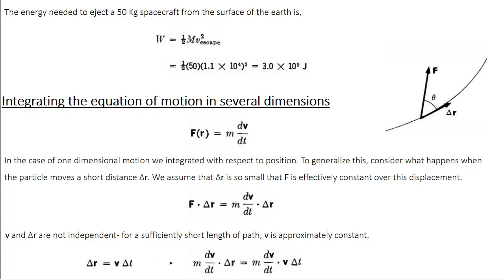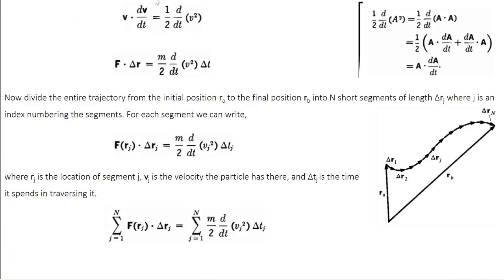So I have m dv by dt dot v delta t. I can simplify this even further. We know that dot product is commutative, which means a dot b is same as b dot a. So dv by dt dot v is same as v dot dv by dt. And v dot dv by dt I can write as half d by dt v square.